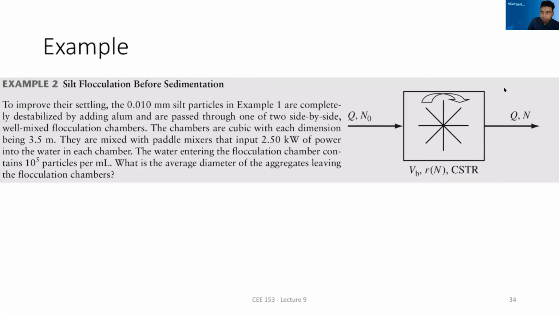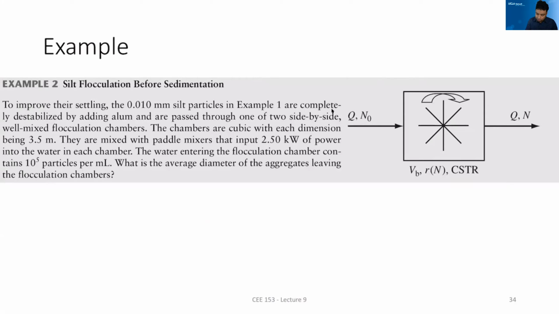So let's solve a question so that you know how to do it. To improve the settling of 0.1 millimeter particles, as in example 1, completely destabilized by adding alum, they are passed through one of the two sides of the well mixed chamber. I'm just going to explain what is given here.